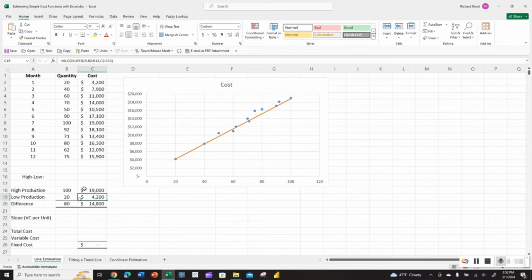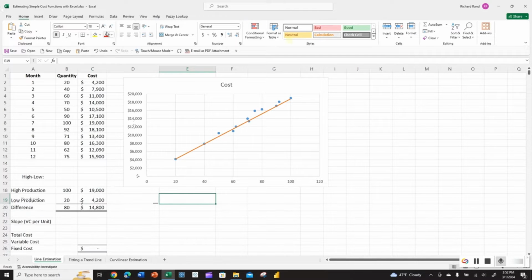Now, we all remember from our old math courses that y equals mx plus b, where m is the slope of the line, in this case variable cost per unit, x is the amount of production, and b is the fixed cost, or the y-intercept on this line.